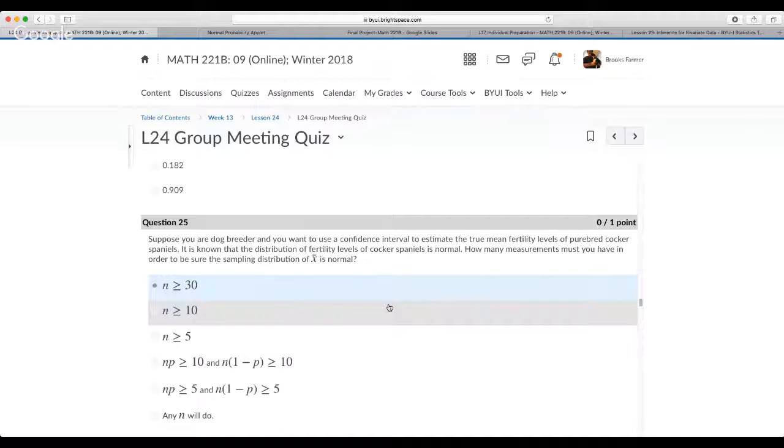So I'm thinking it's going to be D. Let's see. Well, because it's X. B. It's not P. It's sampling distribution.